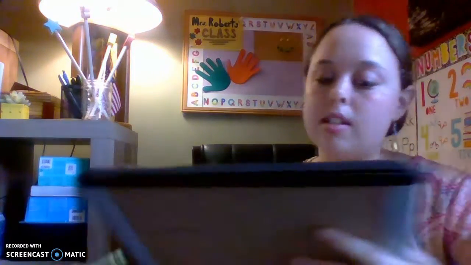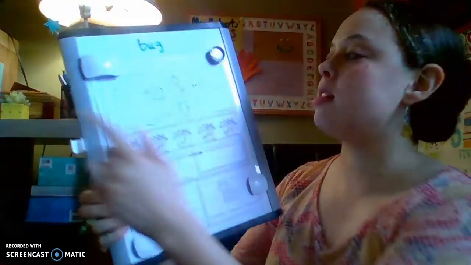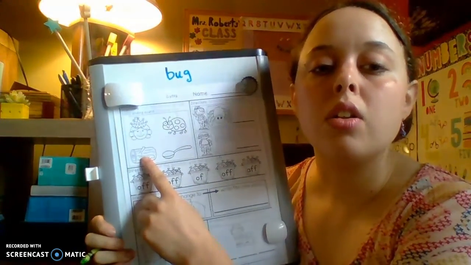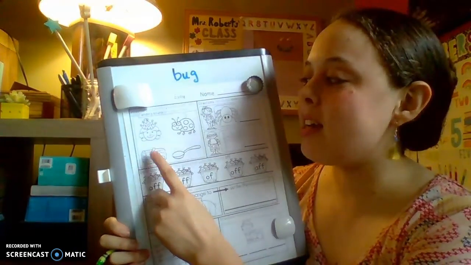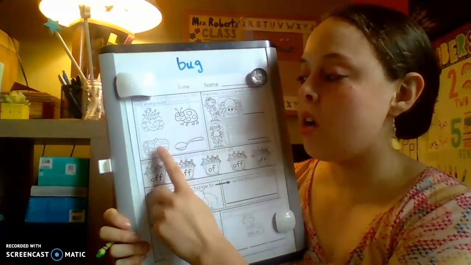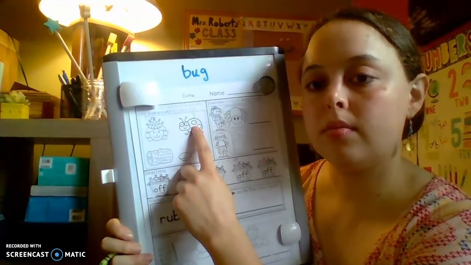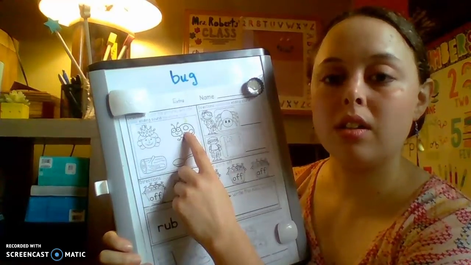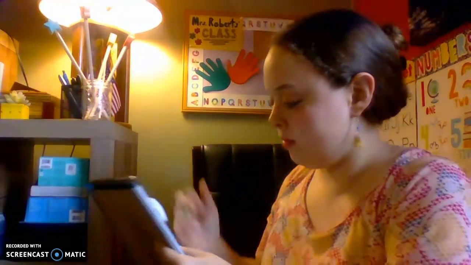So I'm going to write a G up there. And let's see if any of these other ones in this box have the same ending sound. Log. Does that ending sound match queen or bug? It matches bug. So I'm going to write a G up there.